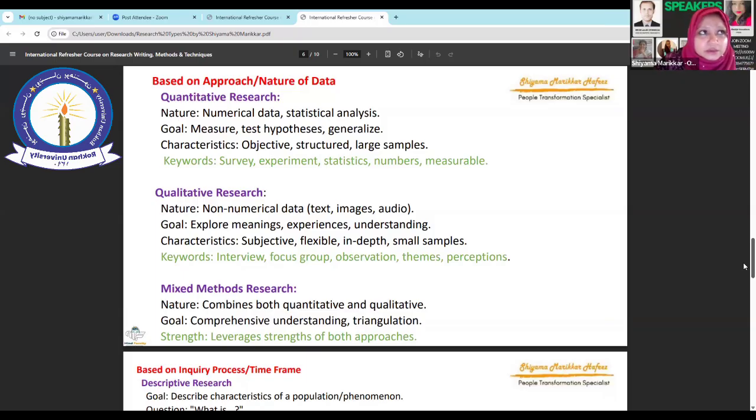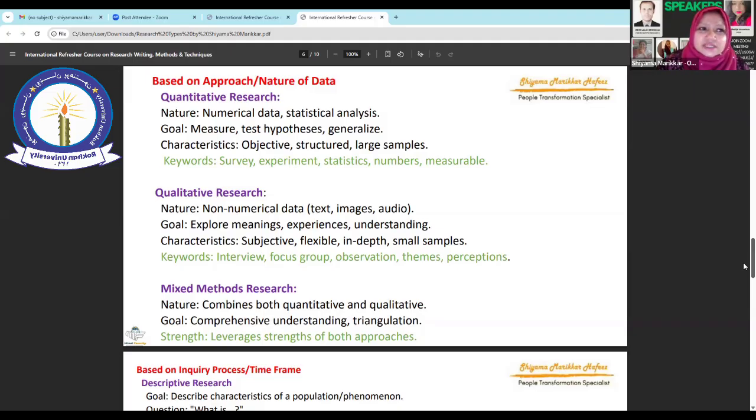For example, quantitative research would be like, let's say if you're going to measure how many children got the scores in a classroom, right? So you can compare how many boys got high achievers, how many girls are high achievers. So you can compare these things.